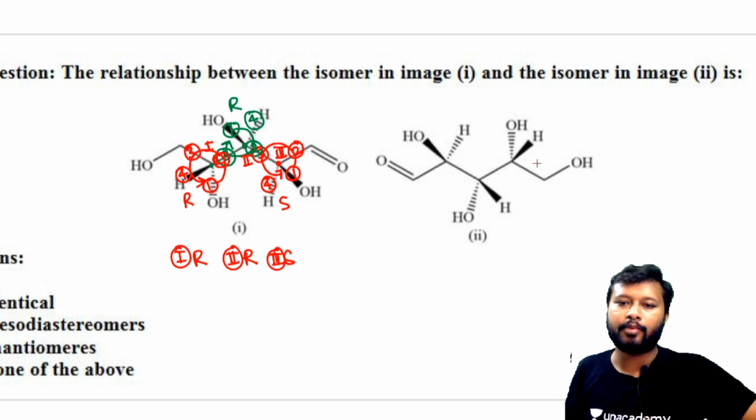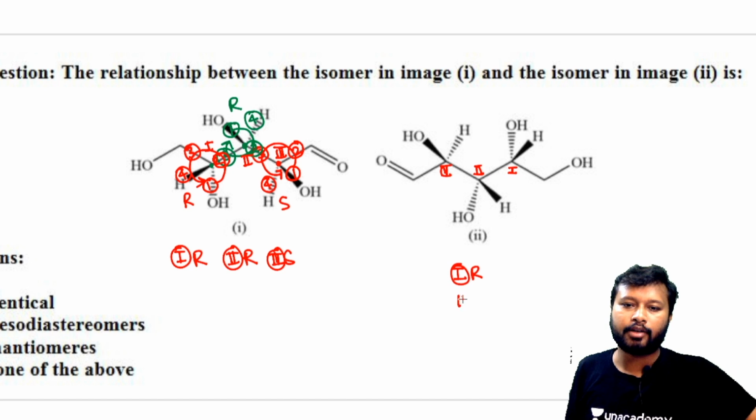Now here the numbering will be reversed. See, this is OH, so this is our first chiral center, this is the second chiral center, and this is the third chiral center. If you try to find out their configuration, I'll give it to you as homework. I'll directly tell you what you are going to get. So in this molecule you will get 1R, you will get 2 as S, and you will get 3 also as S.